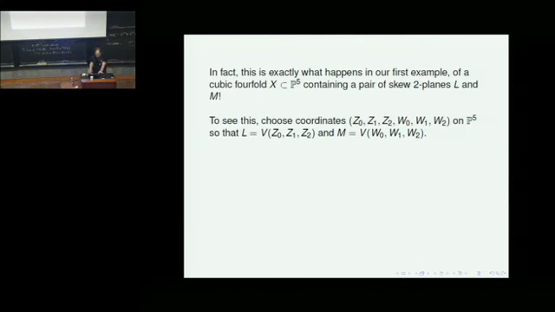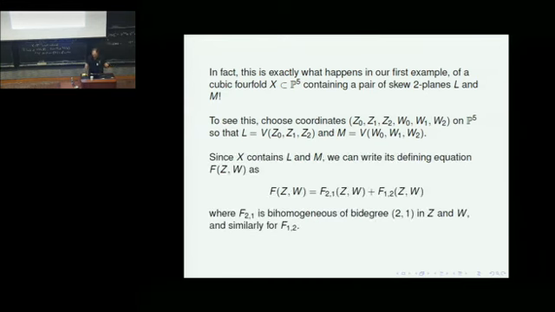It's going to be 4 terms, of bidegree 3,0; 2,1; 1,2; and 0,3. But the condition that L and M lie on the cubic fourfold says that the first and last of those are 0. In other words, we can write the defining equation of the cubic fourfold as a sum of 2 bihomogeneous polynomials in Z and W of bidegrees 2,1 and 1,2.